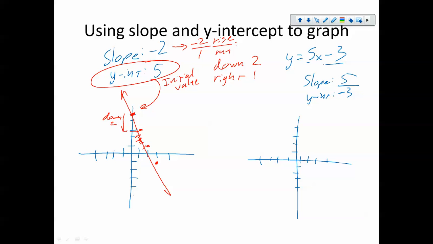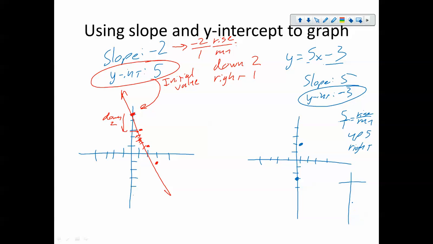Start at my y-intercept. That's -3. Broke my pen again. And that's -3 right there. Use my slope of 5/1, rise over run, telling me to go up 5, right 1. So we're going to go up 5 from here, 1, 2, 3, 4, 5, right 1. That's where I have another point.